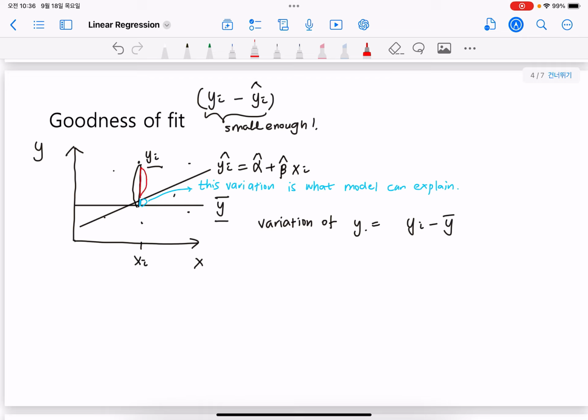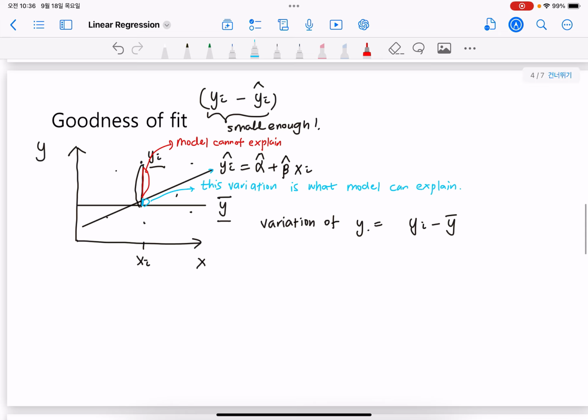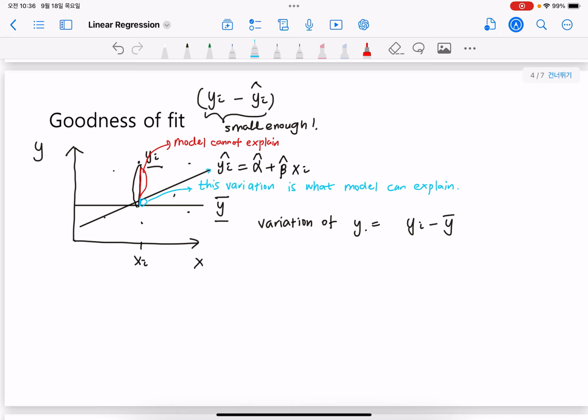Okay, so this part is the residual part that the model cannot explain. Why? Because essentially, under this model, we are predicting y to be the y hat, right? So the variation that can be explained by the model is only the variation between the y hat and the y bar, okay?